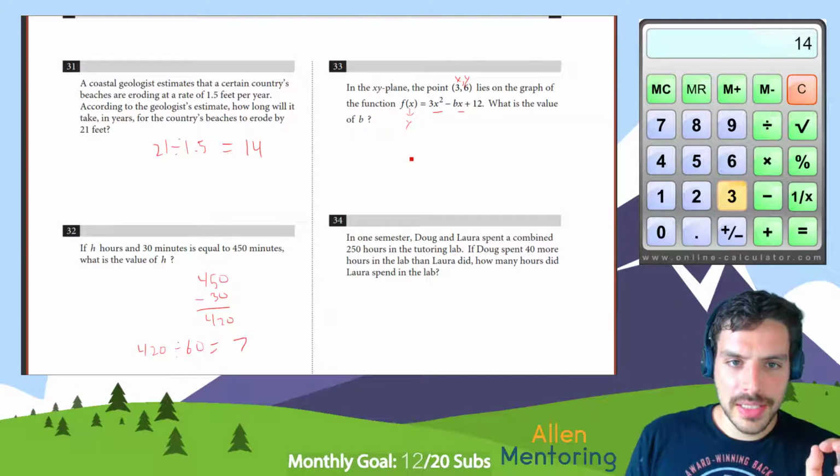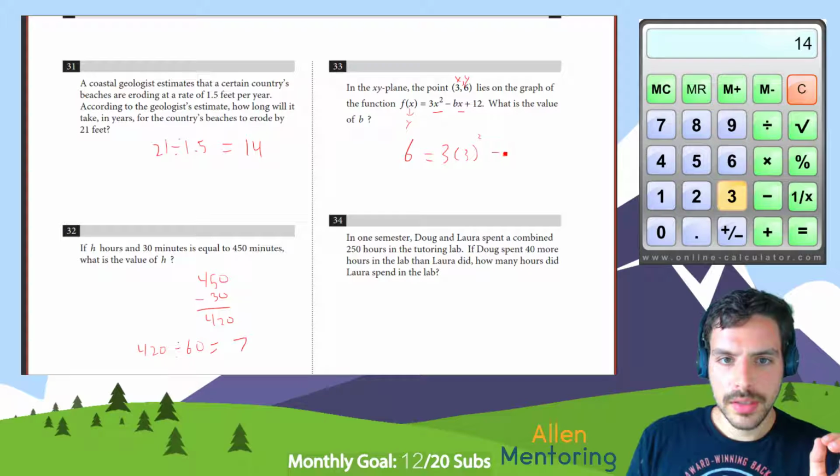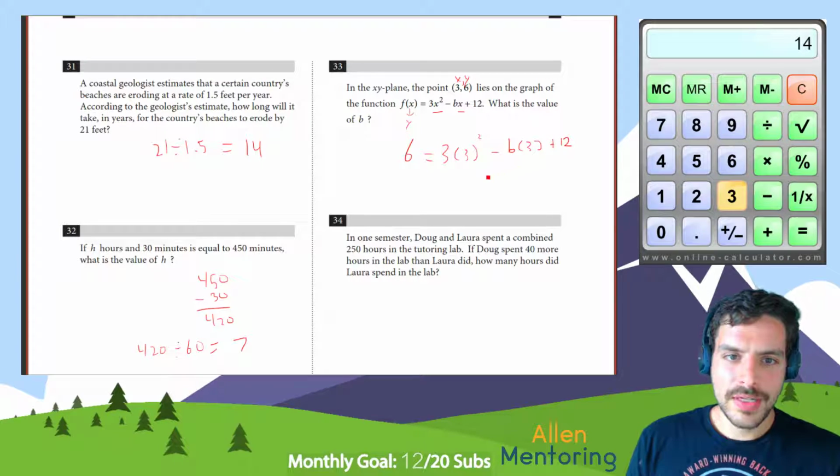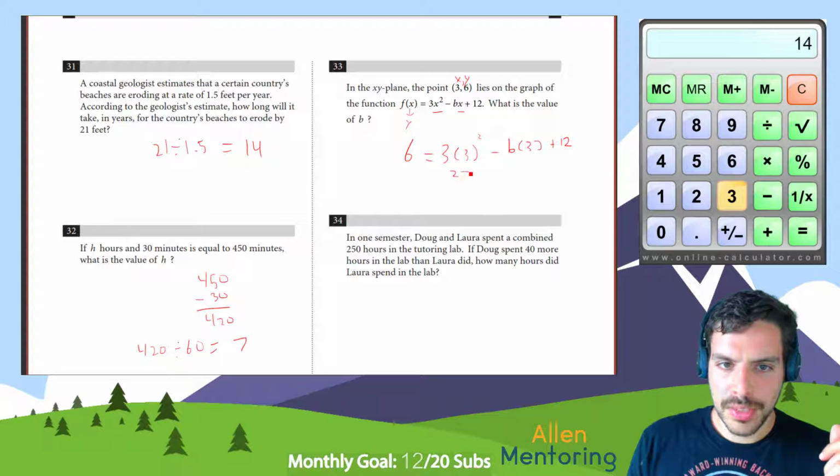Let me now plug this in. So 6, because 6 is our y value, is equal to 3 times 3 squared, where I plugged in 3 for x, minus b times 3 plus 12. Now this became a pretty easy linear algebra problem. 3 times 3 is 9, times 3 is 27, minus 3b plus 12 is equal to 6.